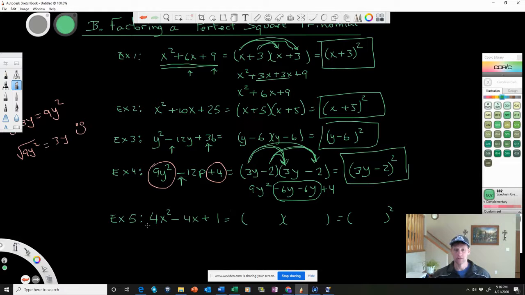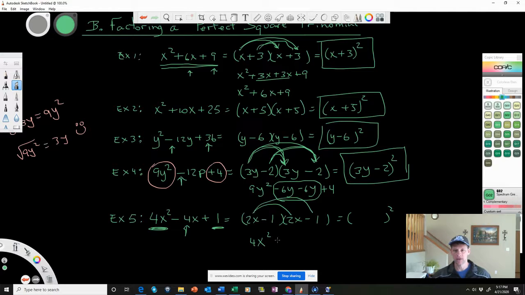I hope you did this. To get 4x squared, you need to multiply 2x times 2x. To get 1, you've got to multiply 1 times 1. To get this middle term, since it's negative, I'm probably going to have to use some negatives. Let's check it now. The F of FOIL, the first times the first gives me that.